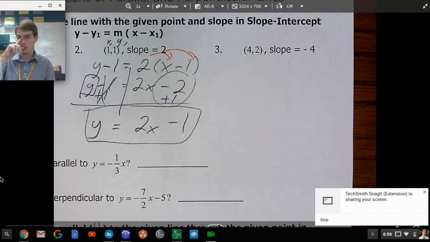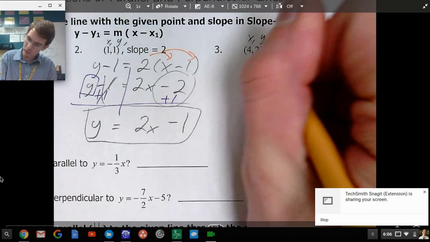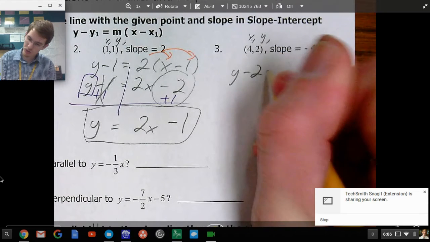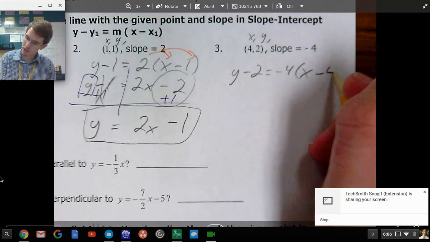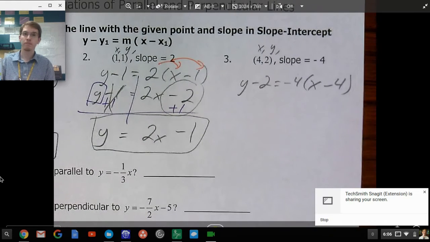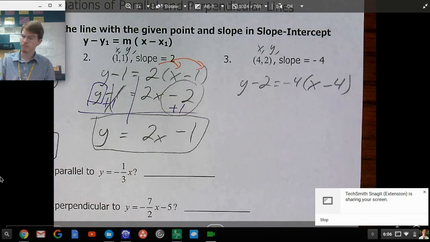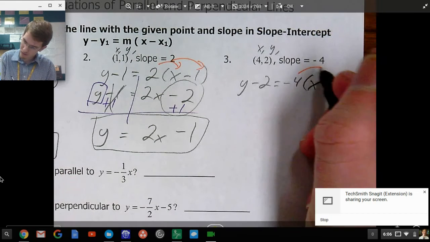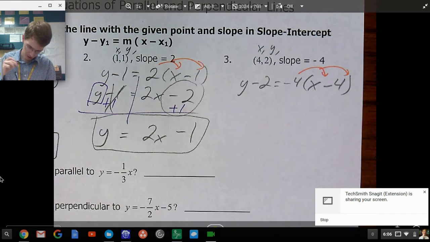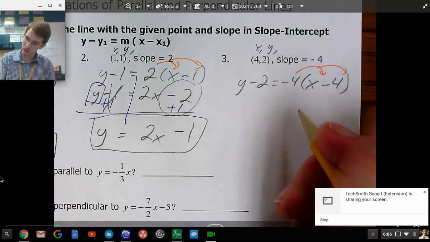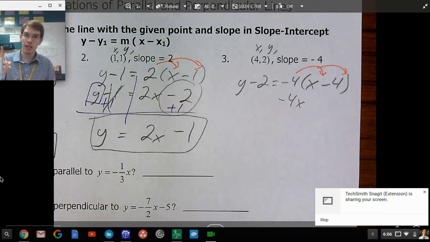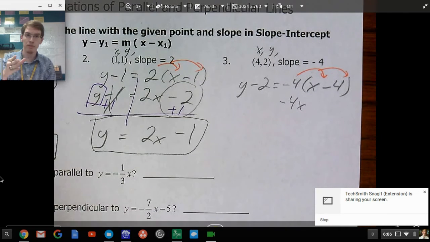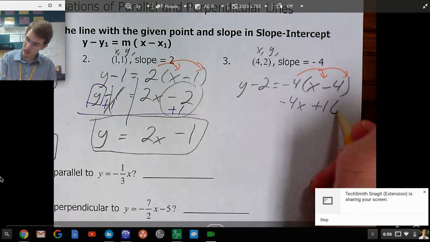Okay, third one of these, x1, y1, should have y minus 2 equals negative 4 times x minus 4. Distributing, I get negative 4 times everything in here, so negative 4 times x is negative 4x. Negative 4 times negative 4, watch our negatives. Get y by itself, watch out for our negatives. It's a plus 16.